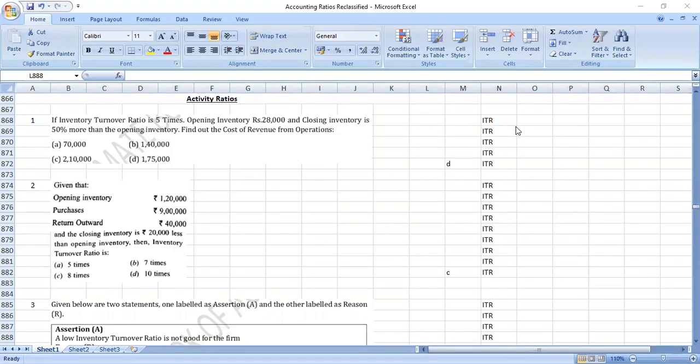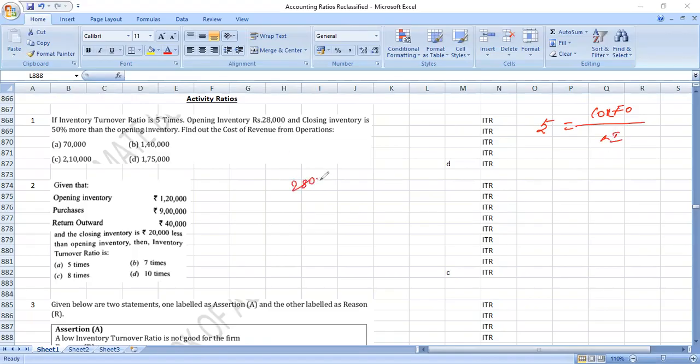If inventory turnover ratio is 5 times, opening inventory is 28,000, closing inventory is 50% more than opening inventory, find out the cost of revenue from operation. So inventory turnover ratio 5 is equal to cost of revenue from operation divided by average inventory.